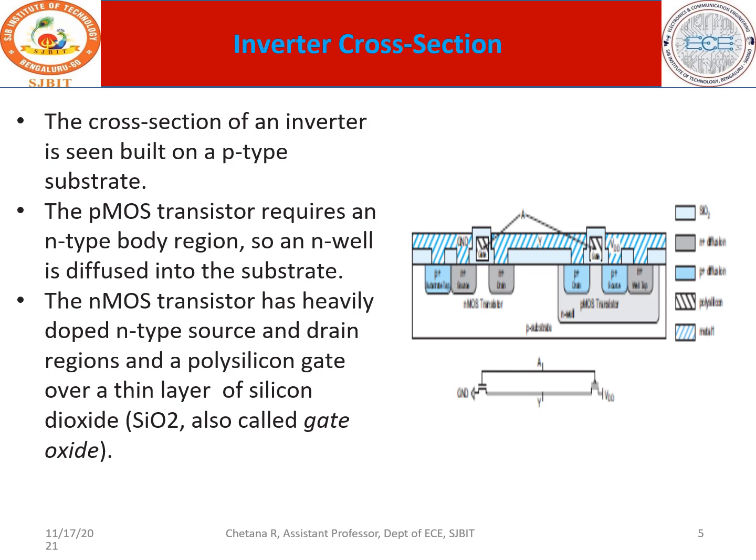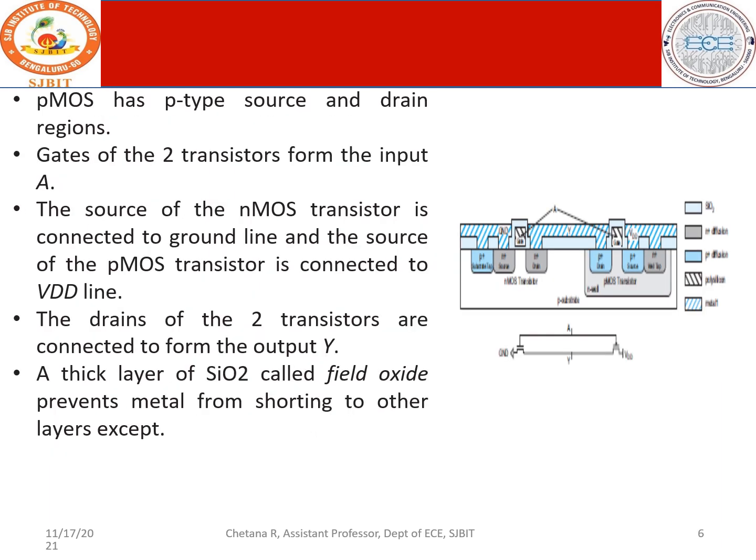Polysilicon is constructed on a thin layer of silicon dioxide, SiO2, which is nothing but the gate oxide, and that is the first and foremost step required in fabrication. As we have already discussed, PMOS has P-type source and drain regions. We are just talking about the two types of diffusions, which is very much clear.